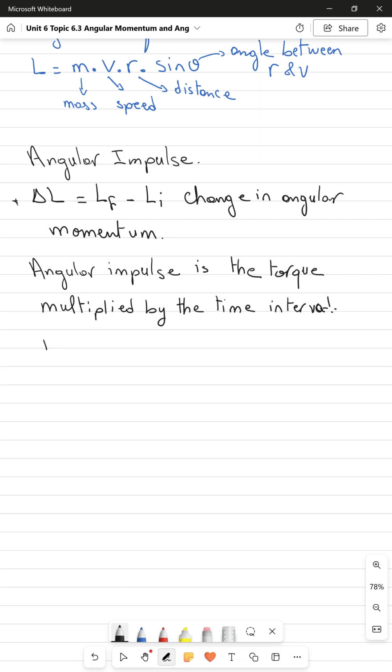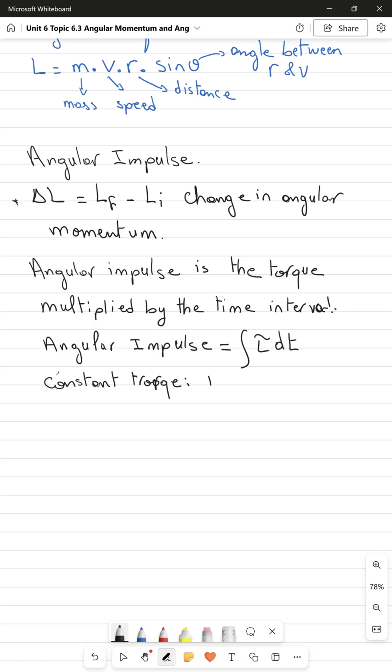So angular impulse will be equal to the integral of the torque dt. That's for a varying torque. For a constant torque, the angular impulse will be equal to the torque times the time.